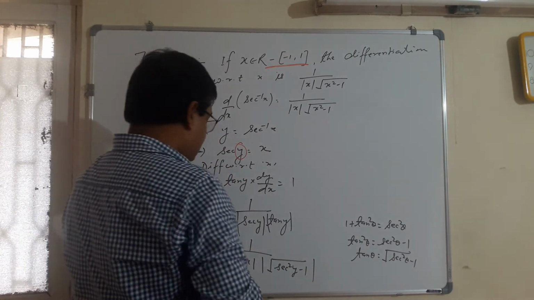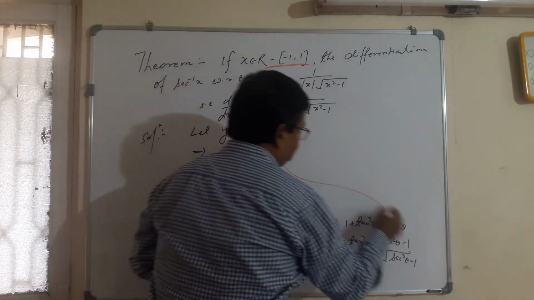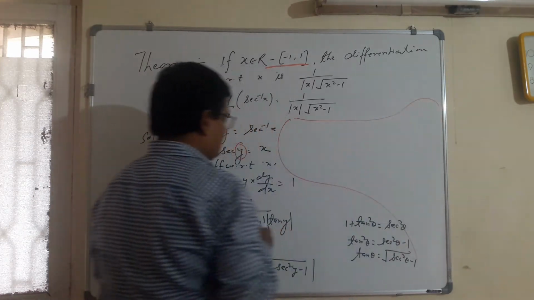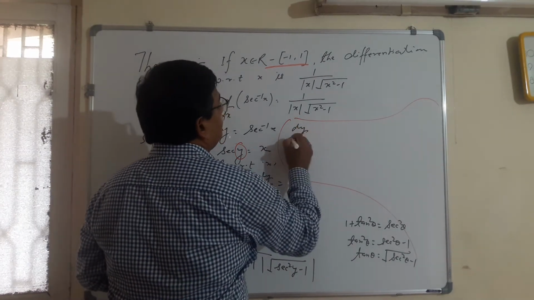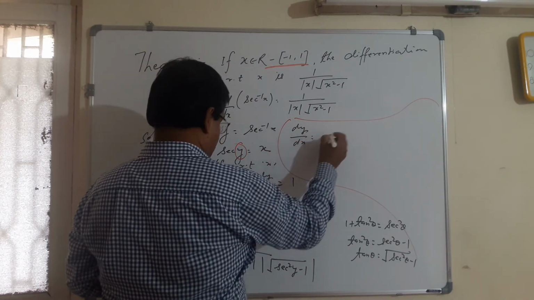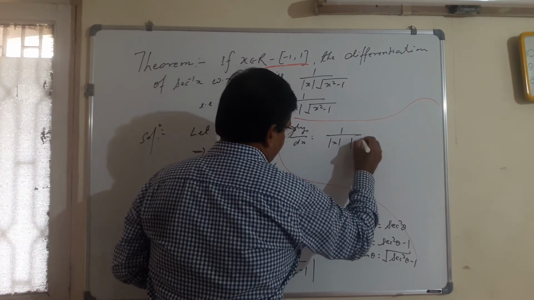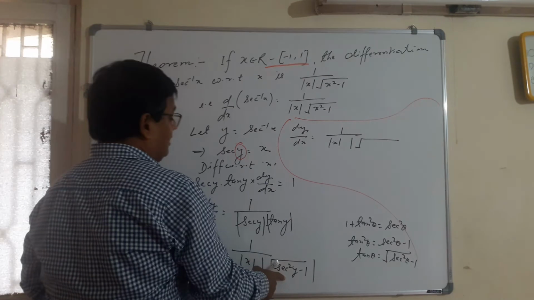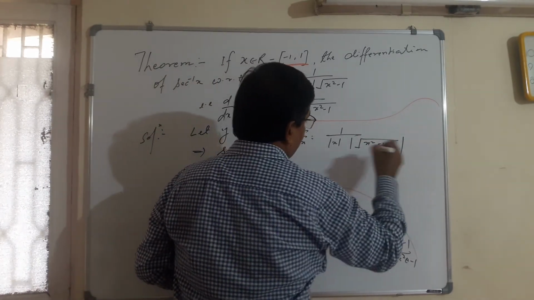So now we can write dy by dx is equal to 1 over mod of x, square root of x square minus 1, since sec y is x.